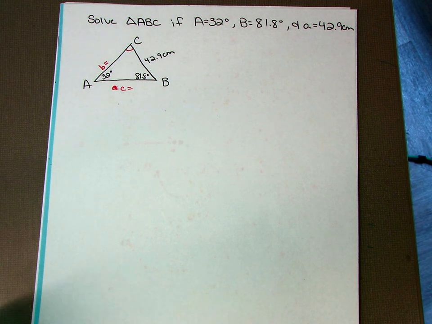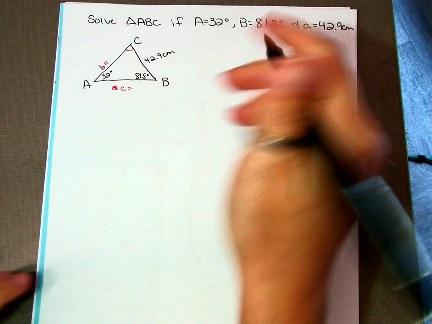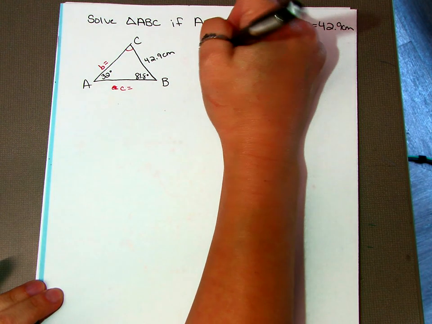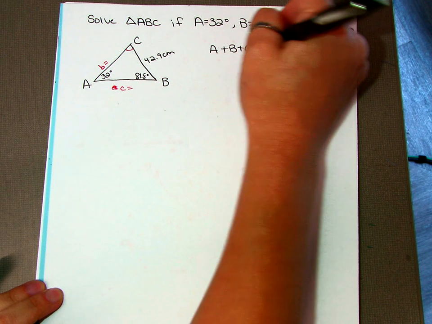So whenever you are asked to solve a triangle, if you are only missing one of the angles, that's usually the easiest place to start. That's always where I would start because that's pretty basic algebra, where we have A plus B plus C equals 180.